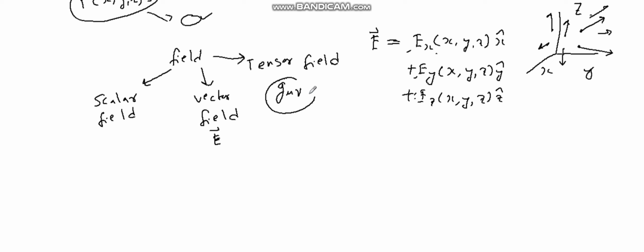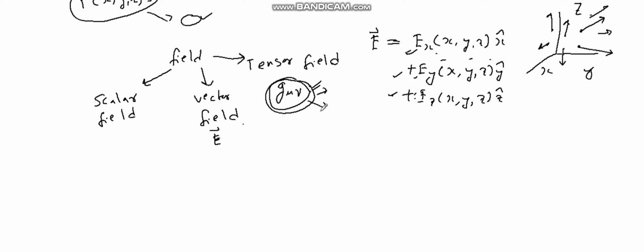It is a tensor field that in some sense represents Einstein's gravity. Just like we have a vector with three components that vary according to x, y and z, in a similar way this Einstein gravity tensor, whose real name is the metric tensor, varies over space.